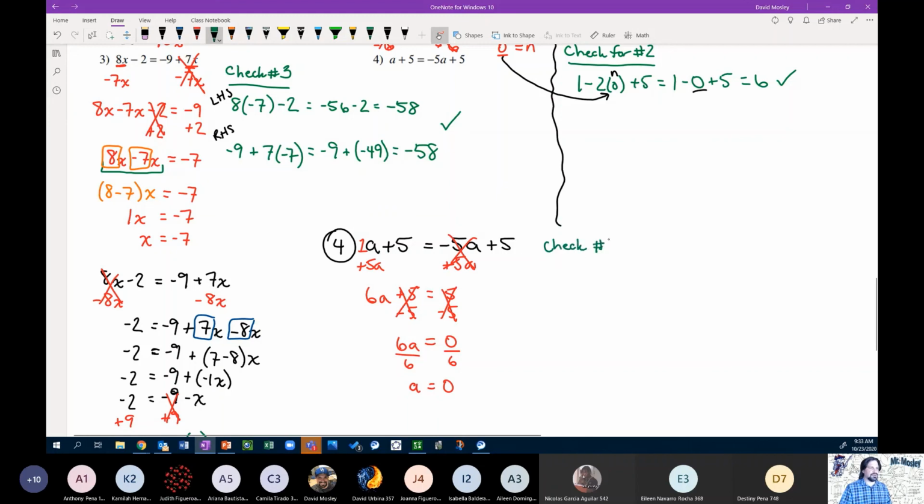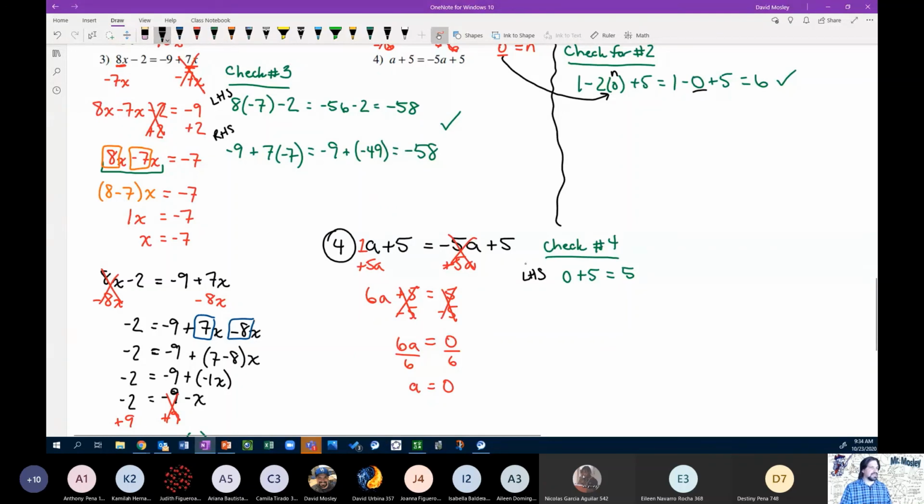Now we're going to check number 4. I'm going to replace a with 0. We'll do the left-hand side first. We have 0 plus 5 equals 5.